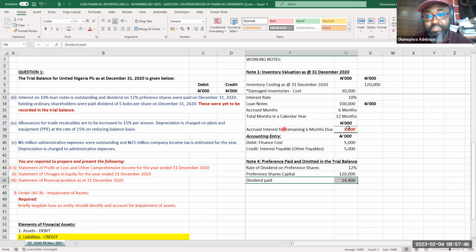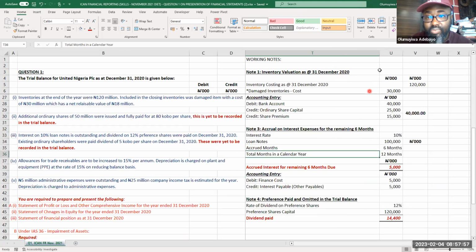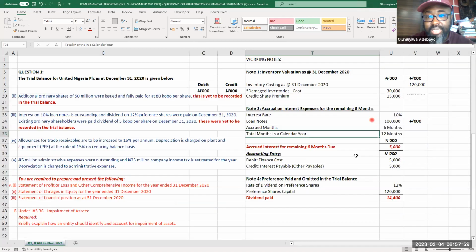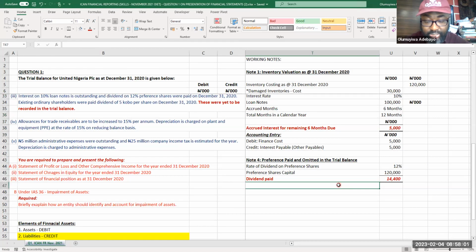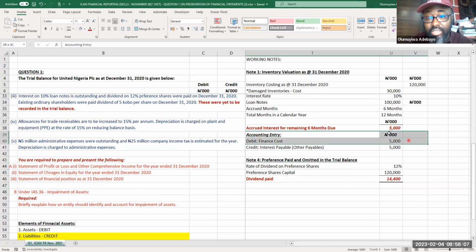Therefore, that is it. Now, since it has been paid, but not recognized in the books, I also do my accounting entry.